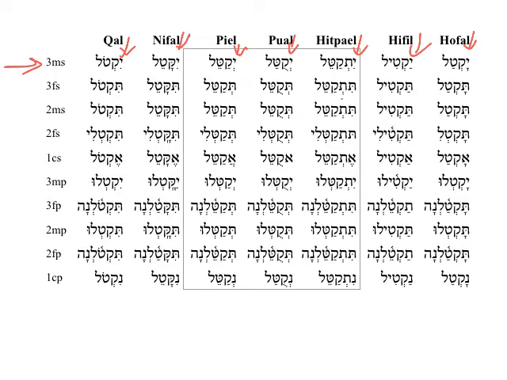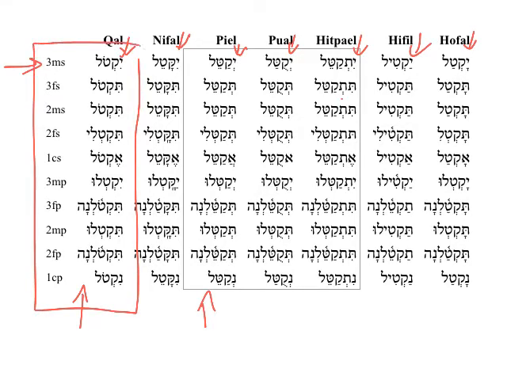And whenever there is a suffix, it's exactly the same, no matter which form we're looking at. So again, my point is just to remind you to memorize the kal very, very well, because when it comes to the person, gender, and number, we have exactly the same kinds of prefixes and suffixes on all of the main stems, or binyanim, of the imperfect verb.